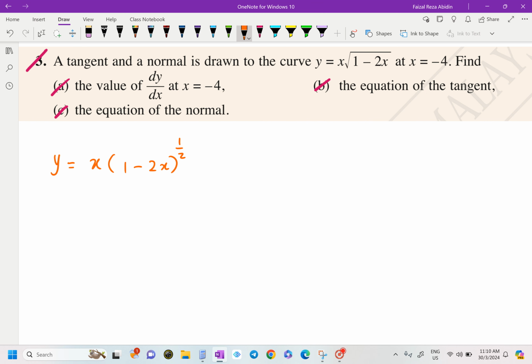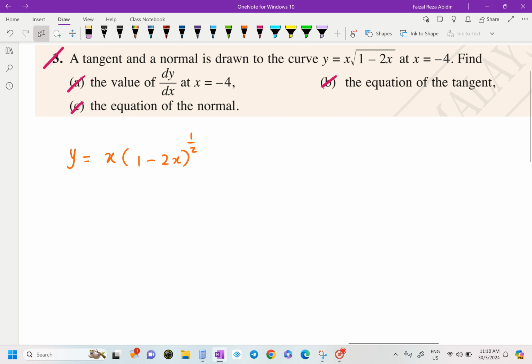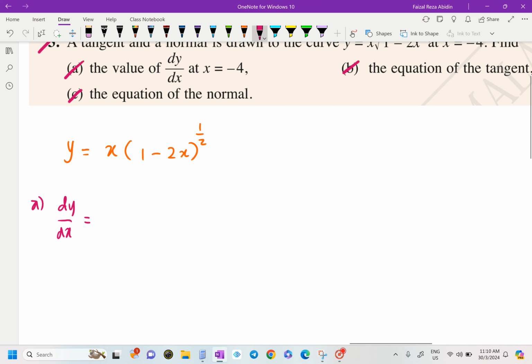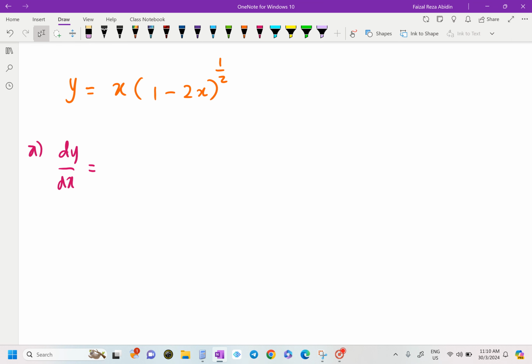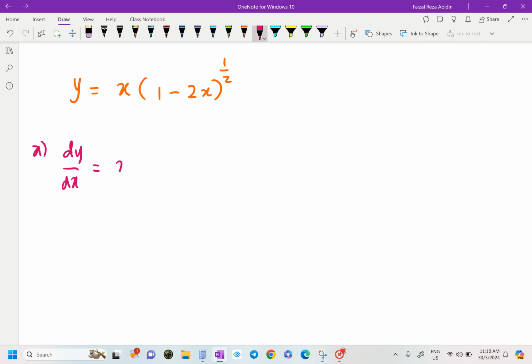So if I'm going to do my first one, which is dy/dx, for this one, bring first 1 over 2, so I'm going to get x first. In the first bracket, I bring 1 over 2 to the front, and inside the bracket I just copy back.